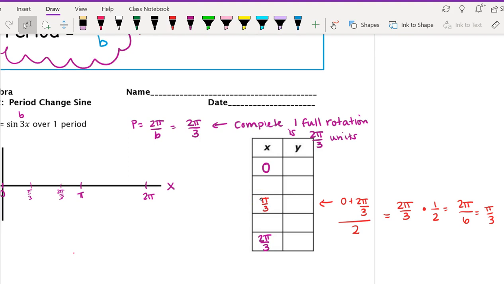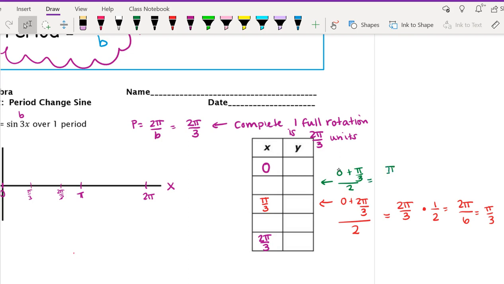Now I need to find the midway between 0 and pi over 3. Everything is symmetric, okay? So now I'm going to take 0 plus pi over 3, and again, I'm going to divide that by 2. I'm taking the midpoint.